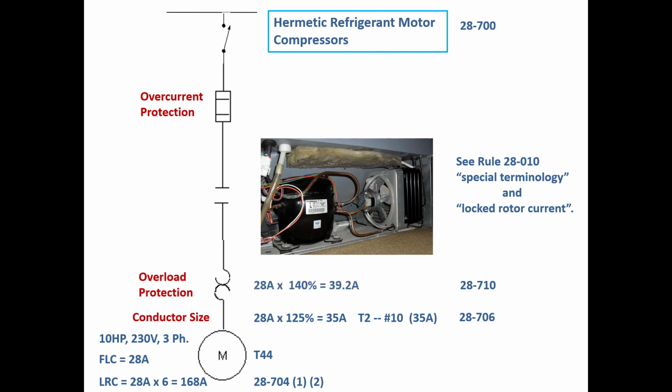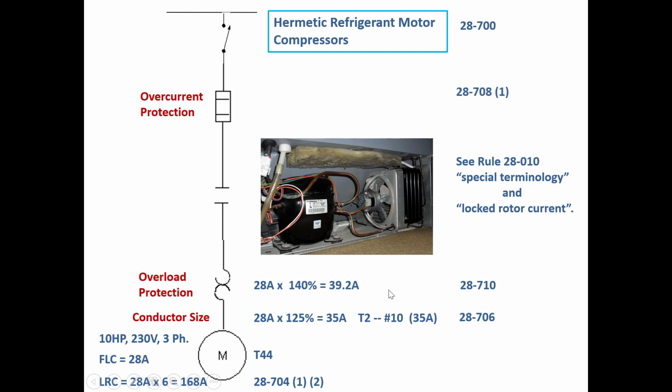So what are we going to use, because it's a hermetic motor, is that 140% of the marked rated current. This is what our overload protection will be, purchased or set at. It's a little different from the motors we've been talking about, but specific for hermetic motors.